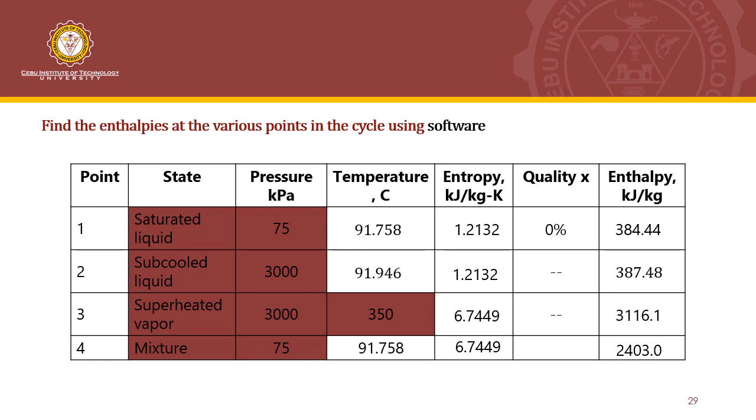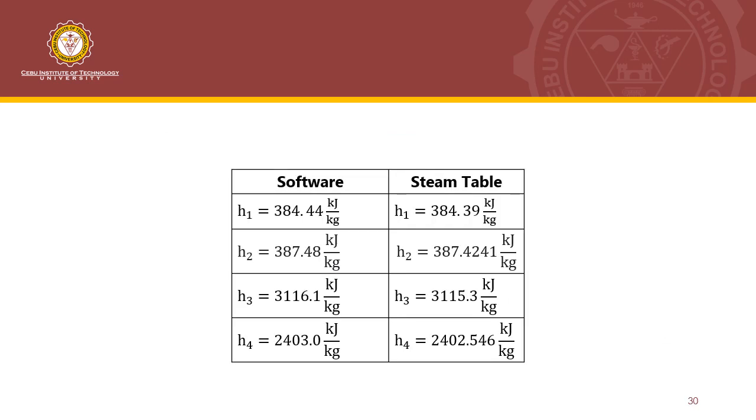In this way, we were able to get all the enthalpies using the software. If we're going to compare the results of the enthalpy using the software and the steam table, we can find that they are very similar and there is a very slight difference. You can use either the software or the steam table, whichever is comfortable to you. But it's also very good to practice using the steam table, for maybe the board exam or in class.